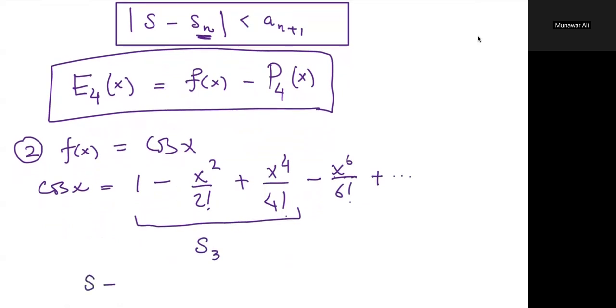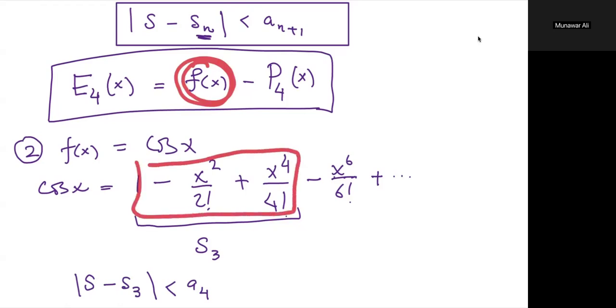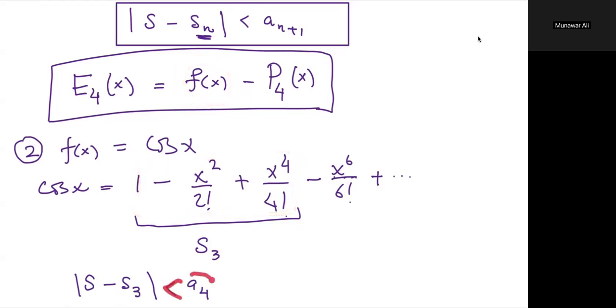So S minus S3 should be less than the fourth term. I have to find the error between the actual function, which is cosine x, and this polynomial. It should be less than whatever the fourth term is.